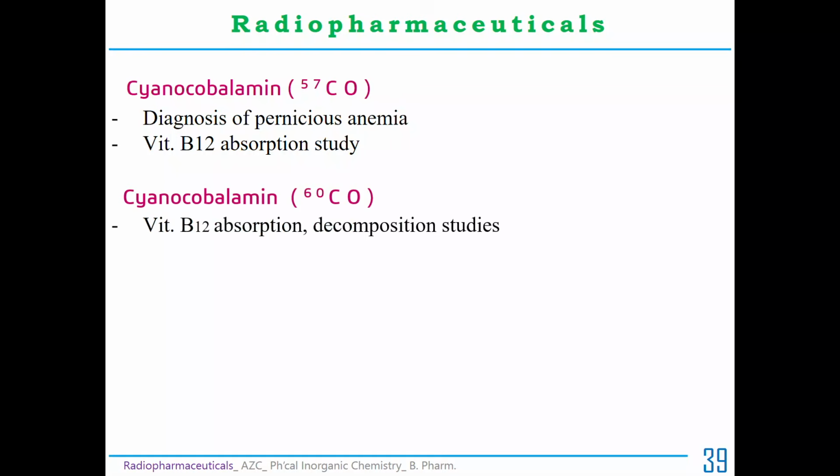Cyanocobalamin, labeled with cobalt-60, used in vitamin B12 absorption and decomposition studies. Hydrogen, as tritium and deuterium, used in the study of total body water.